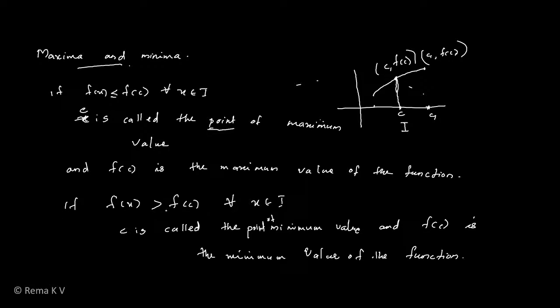C means it is the value of x. If f of x is greater than f of c for all x belongs to I, C is called the point of minimum value and f of c is the minimum value of the function.